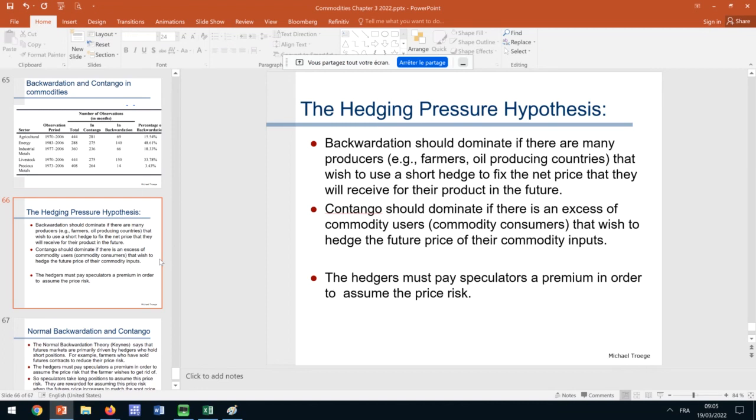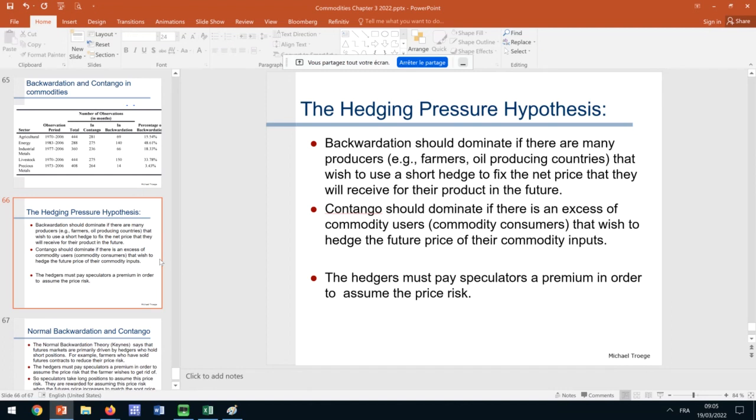They come in, they realize that the futures price is lower than the average future price, and they are willing to basically take this risk from the farmers. So they buy the future contracts. The bakeries don't want to buy them, but the speculators are going to buy these future contracts.